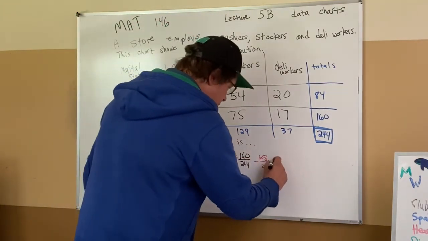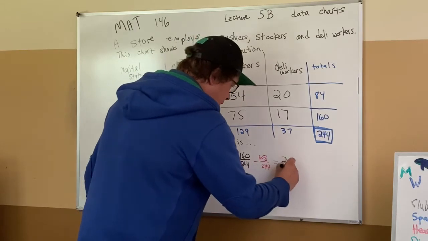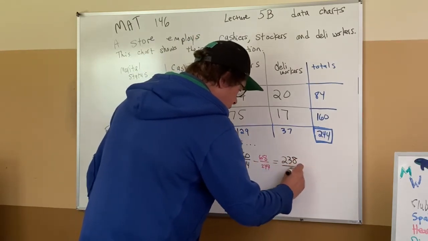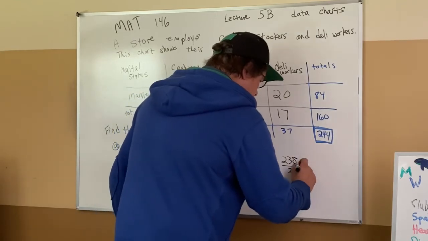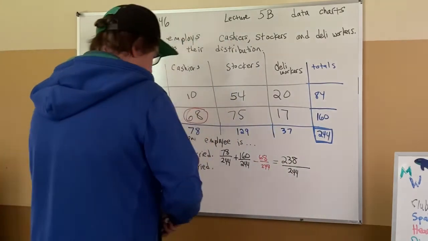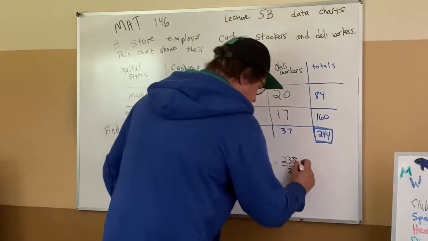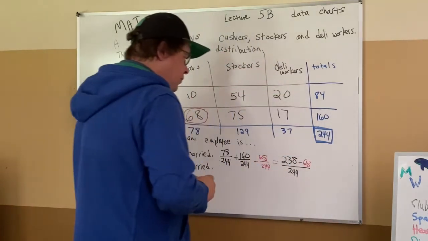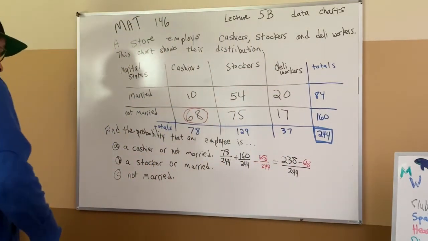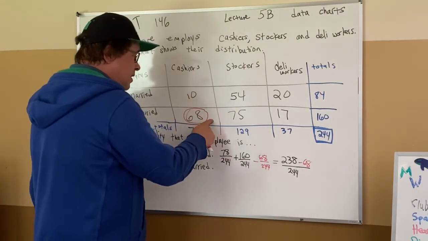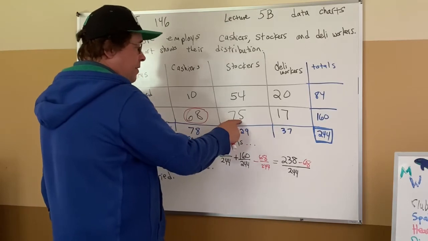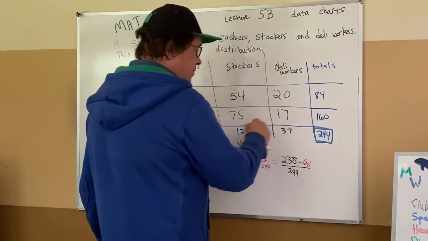But let's look at what happens with the two black numbers. 78 and 160 gets me the inaccurate total of 238. And then when we subtract the 68, or if you want to say, I'm going to add up these four numbers, 10 and 68 for 78, and 75 for 153, and 17 for 170.